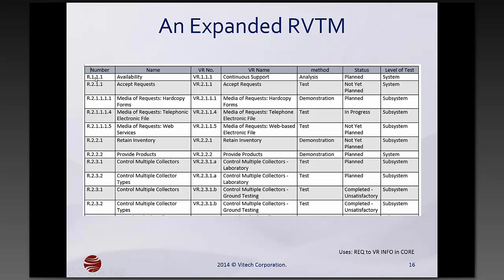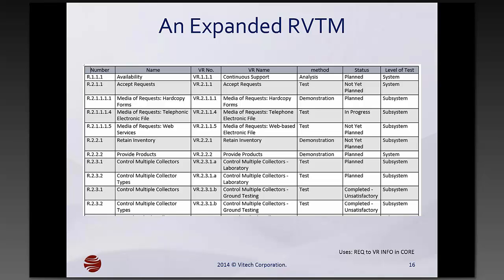We have a number and a name. We have a verification requirement, a verification name. We have the method, but we also know whether this is planned or in progress. Here you have a test that's been completed satisfactory, and we understand the level of the system test. Much more information is expanded out so that the engineer understands what's happening to the system through the verification process.